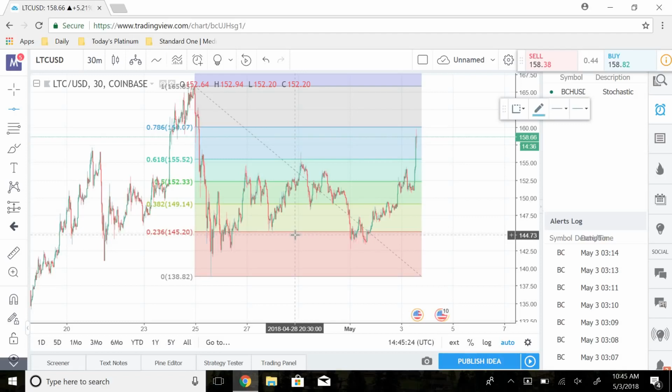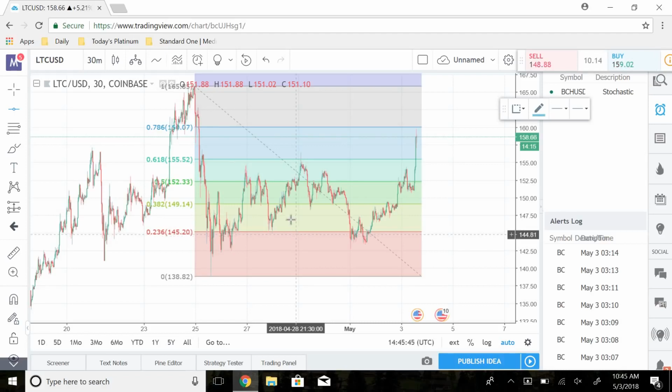So I always recommend to try to be a little less greedy than all of the other investors using this tool, and try to just sell a little bit below every single line. That's going to help you place a lot more of your sells and also be able to get in and out of trades very quickly.